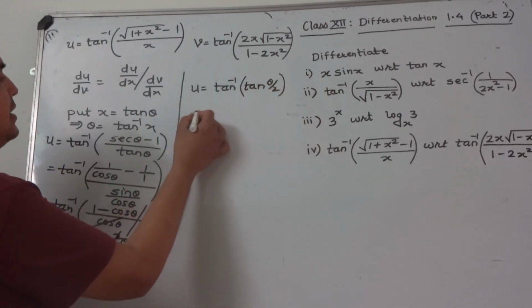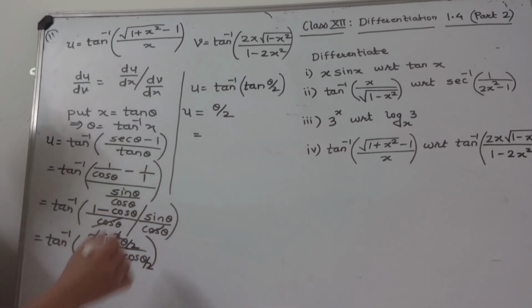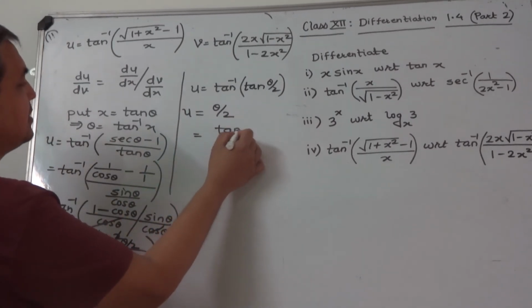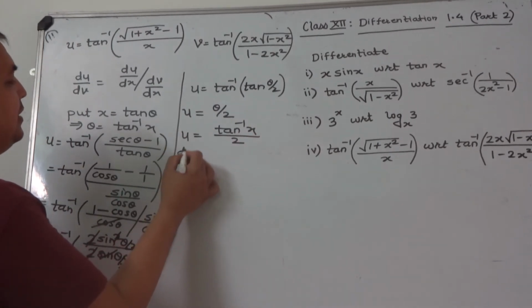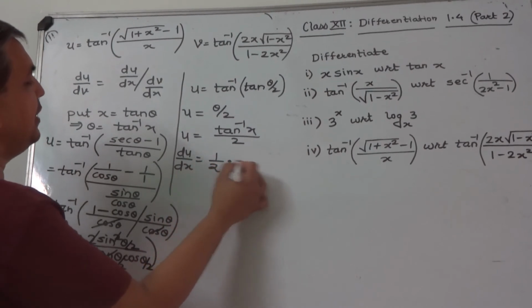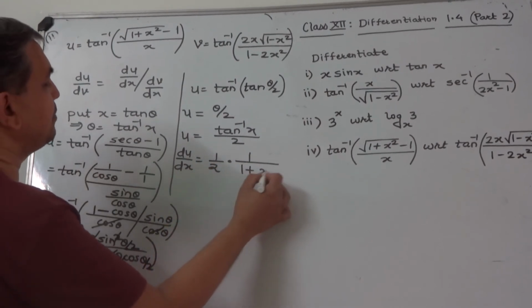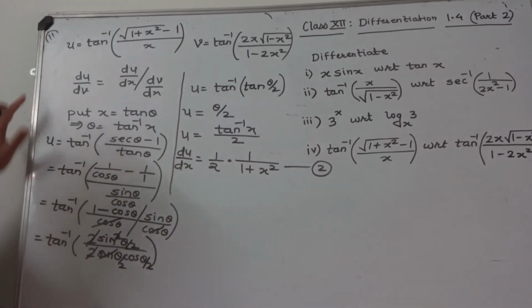Tan inverse tan gets cancelled. So u is equal to theta by 2. We put value of theta. Theta is tan inverse x, upon 2, and so we can write du by dx equal to half constant, and derivative of tan inverse is 1 upon 1 plus x square. This is our equation number 2. This is du by dx.